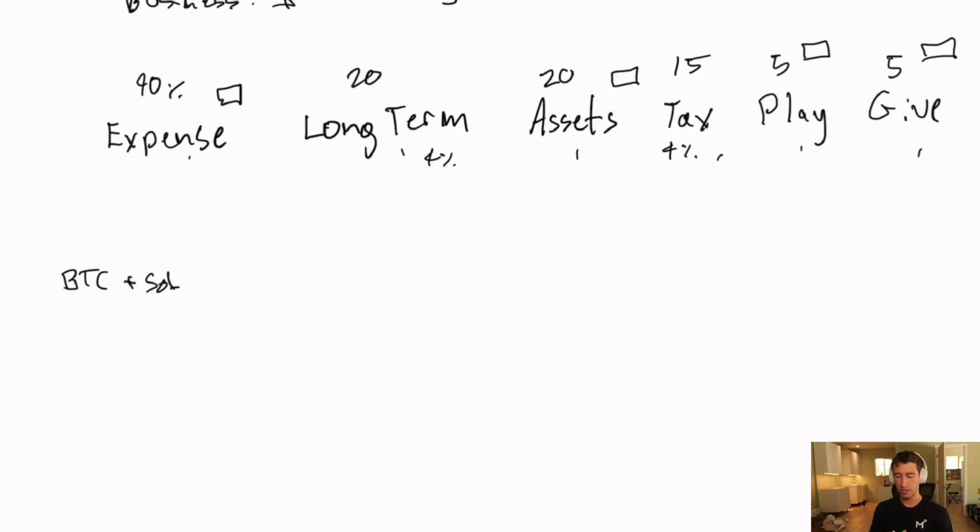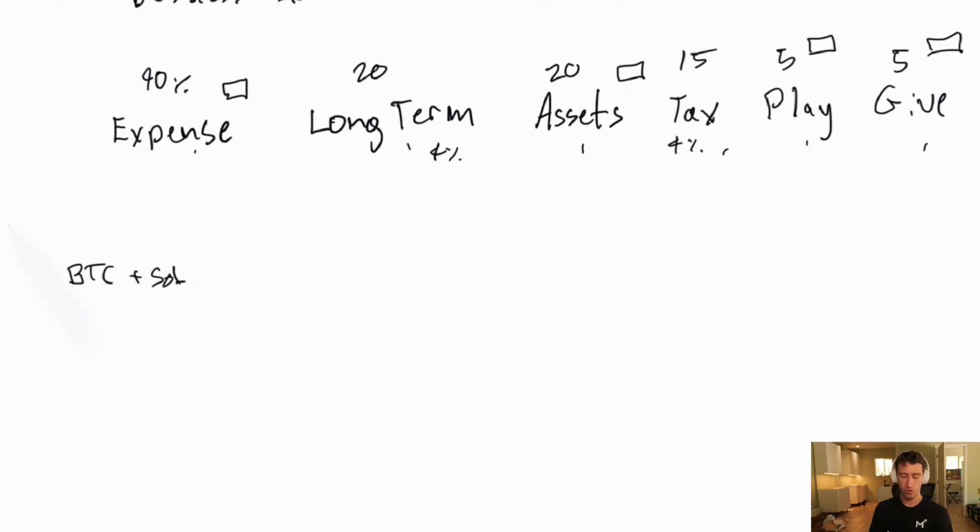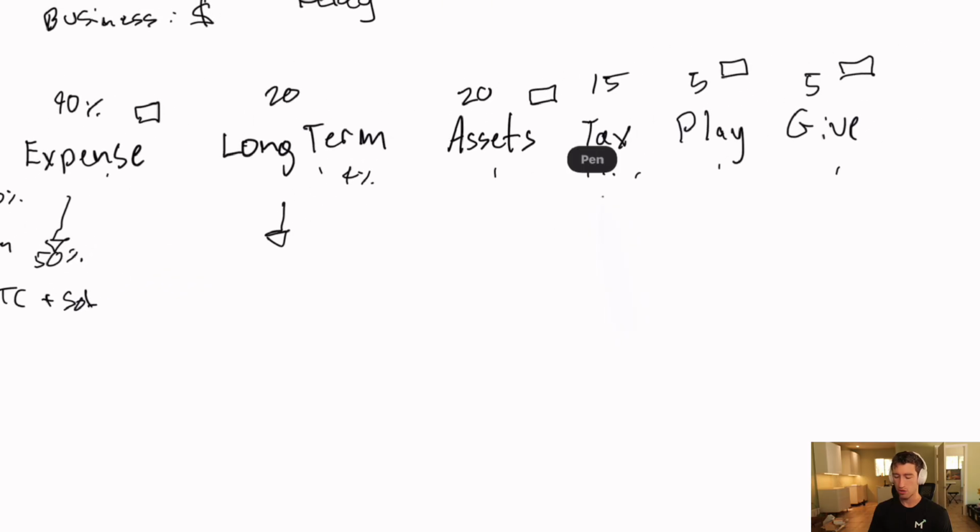When you start to build these accounts out, I go over to something called Phantom Wallet, where you could create a wallet for crypto, and they'll let you create as many accounts as you want to differentiate where you store your crypto. And I allocate at least 50% of each of these, so about 50% of each of these, into crypto. The assets one is a little tricky, I'll show you that.